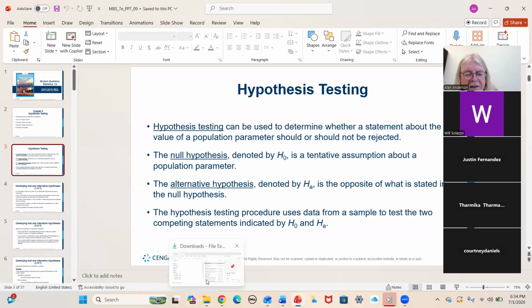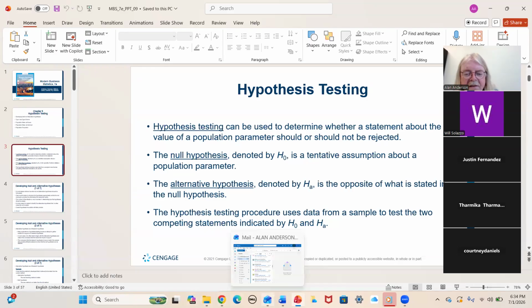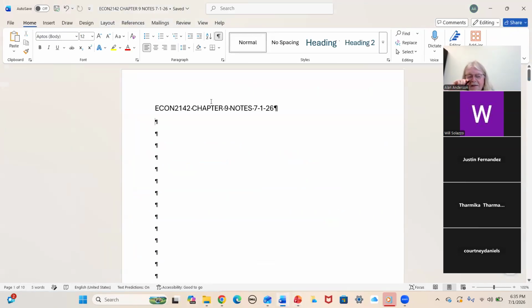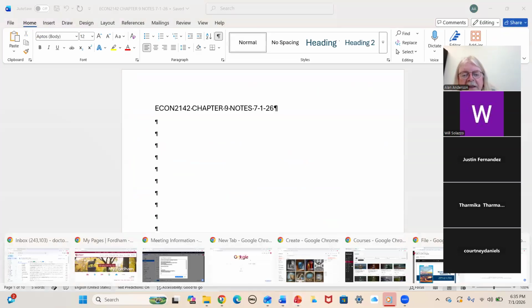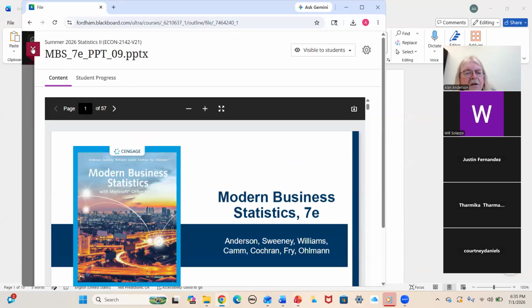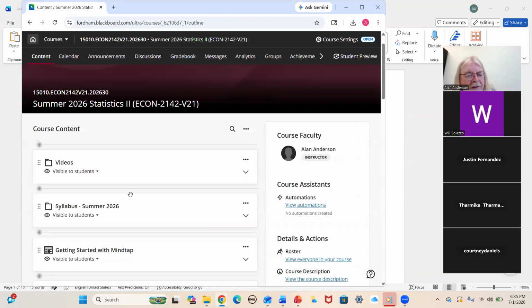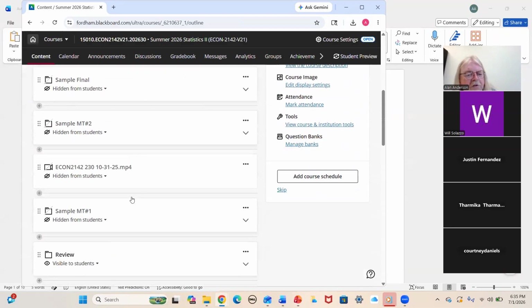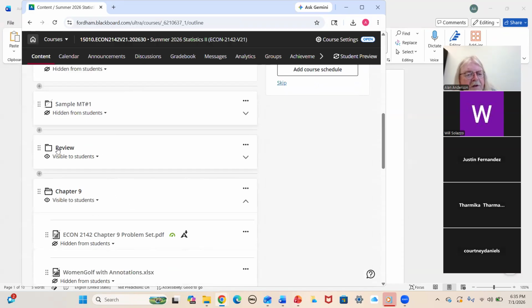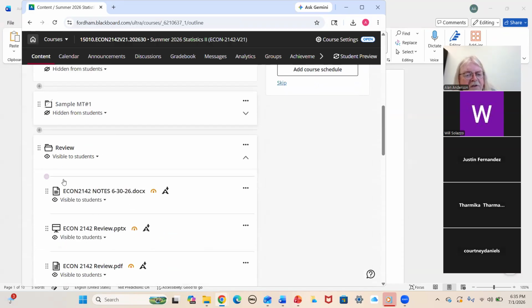So let me start by noting these in my notes, which, by the way, I think I mentioned in my email this morning. After each session, what I will be doing is posting in Blackboard the handwritten notes from the night before. Since last night we were reviewing, you'll find them in the folder labeled review, along with the actual slides.